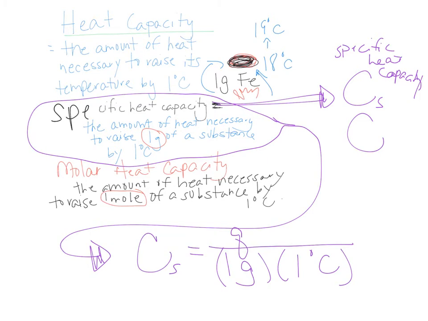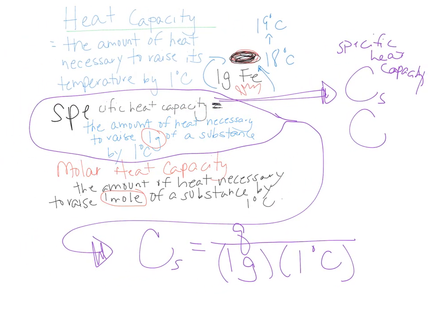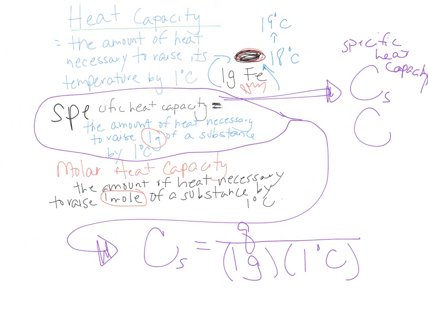So if I need to figure out a substance's heat capacity, I would try to raise its temperature. I would record its temperature change and its mass and the amount of heat that I needed, and that would give me its specific heat capacity.